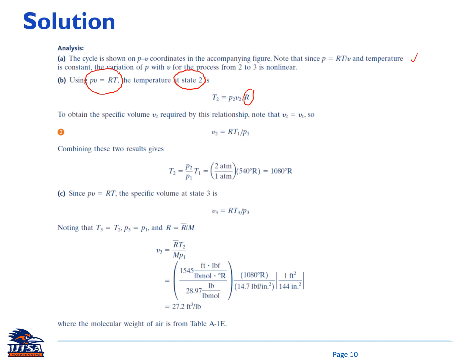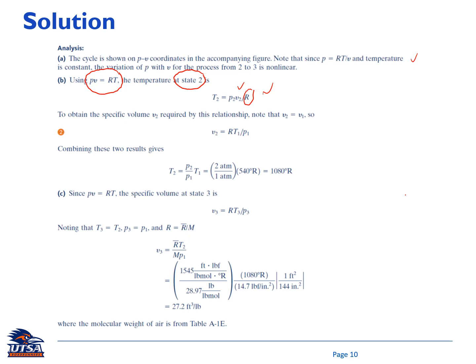It's just one gas type. So we have T2 equals P2 times V2 divided by R. P2 is given there, 2 atmosphere. What we need to find out is V2, the specific volume at state 2.